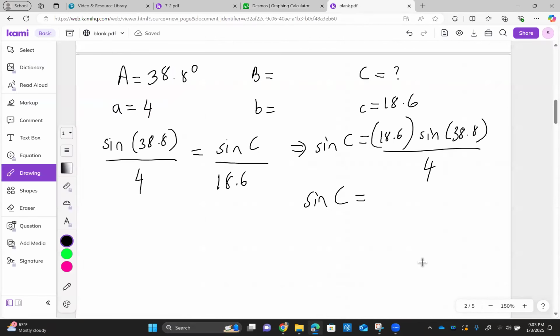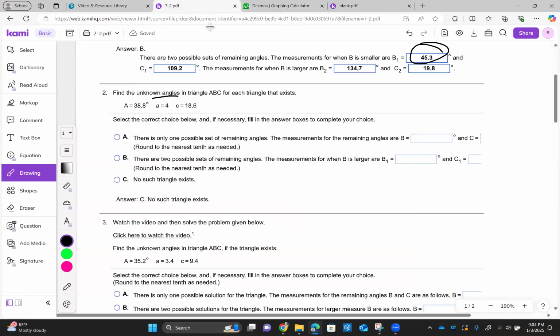But remember, the sine values cannot be more than 1 and they cannot be less than -1. Whenever you get a sine value more than 1 or less than -1, such an angle C cannot exist because there is no angle in trigonometry where the sine value is 2.9. Therefore, the answer for this question is no such triangle exists.